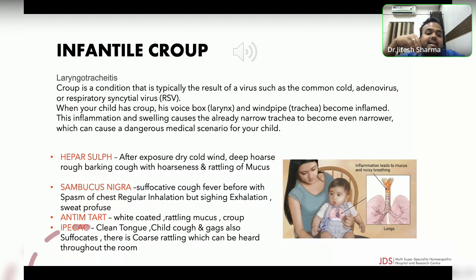Ipecac: clean tongue, and the child coughs and gags and also suffocates, along with a rattling sound which can be heard throughout the room. Think of Ipecac.